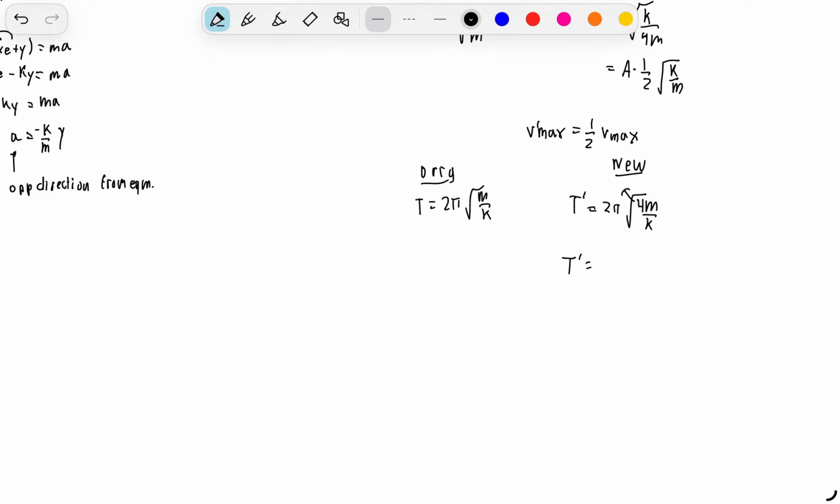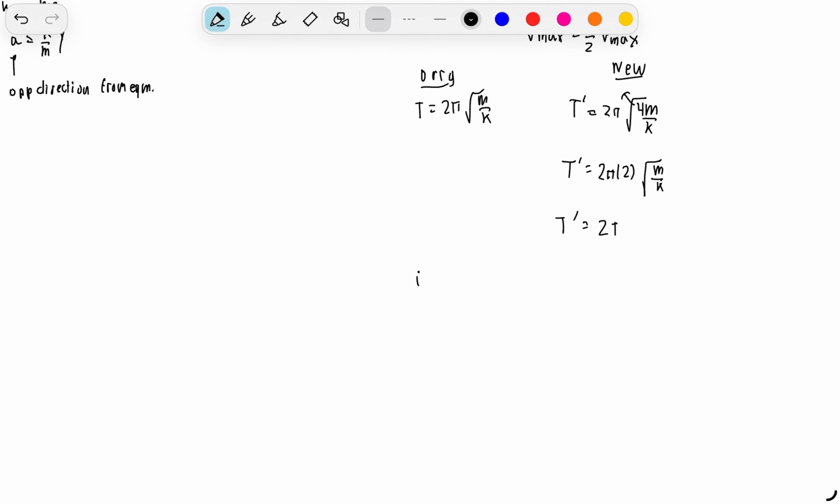So you can take that 4 out, and we can see T prime is just twice that of T. So the logic is that increasing mass will make your oscillator harder to accelerate.